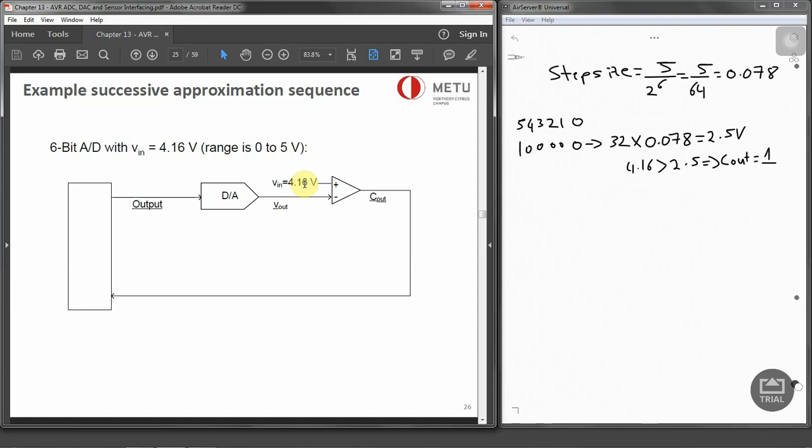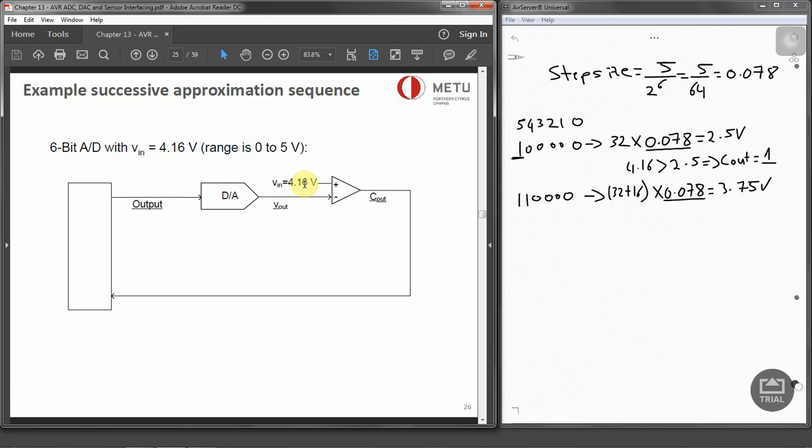Then we carry on. We add another 1 this time. And we have got, in this case, 32 plus 16 multiplied by 0.078. And this will give us 3.75. By the way, I just rounded that to 0.078. If you want, you can use the exact value on the calculator so that you can have more exact values over here.